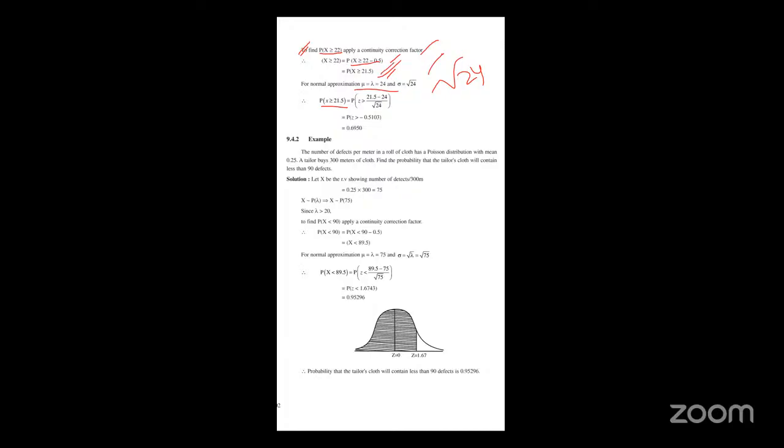So 21.5 minus mu. Mu is the mean, which is 24. And what is the variance? In the Poisson distribution, the mean is lambda, the variance is also lambda, and the standard deviation becomes root lambda. Sorry, I meant to say lambda, not sigma.